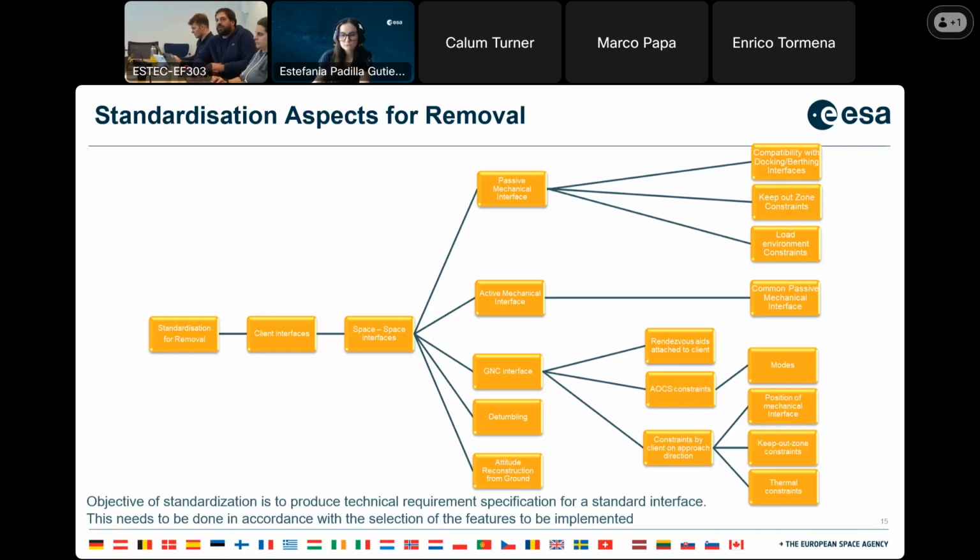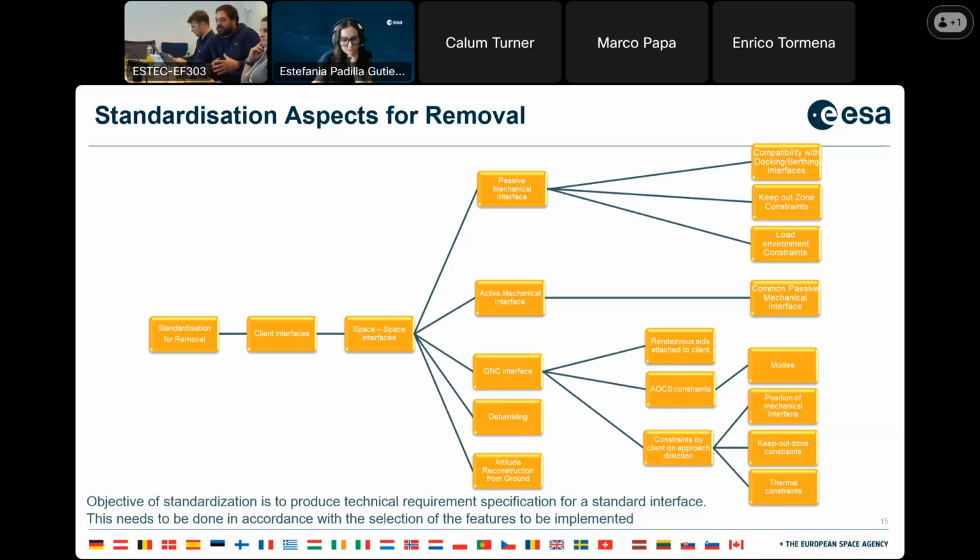As I was mentioning before, just going through briefly the various requirements in the space debris mitigation requirement document, it is clear that the removal operation puts a lot of constraints for the design of the OCS, and specific to the modes that need to be considered in this kind of operation.